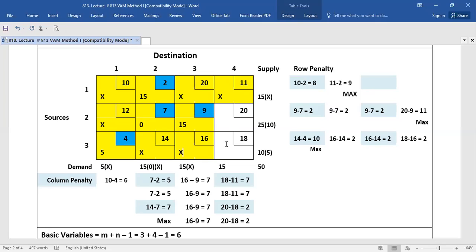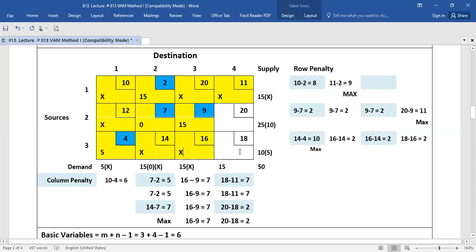You will just allocate by inspection. You will make the next allocation in this way. Here you have 15 as the demand, and on the supply side you have 10 supply and 5 supply.